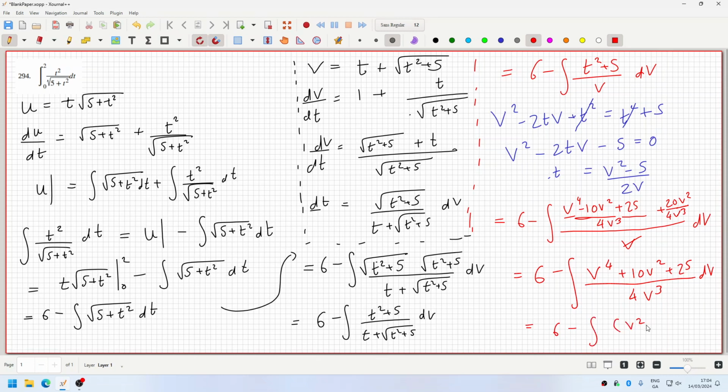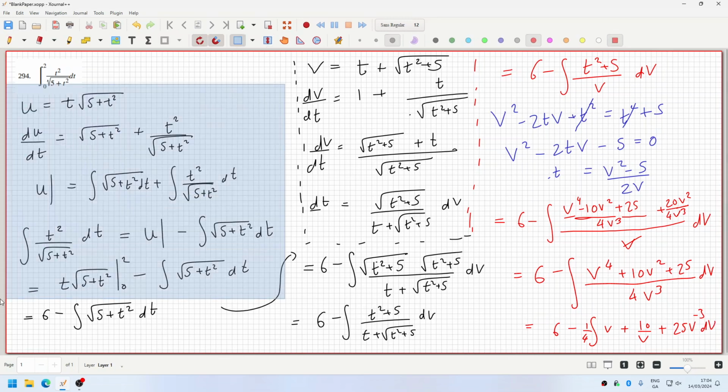I could say v squared plus 5, but I don't think I will. Instead, I'll just simplify this a little bit. Actually, I'll take out the 1 over 4. So that's v plus 10 over v plus 25 v to the minus 3 dv.